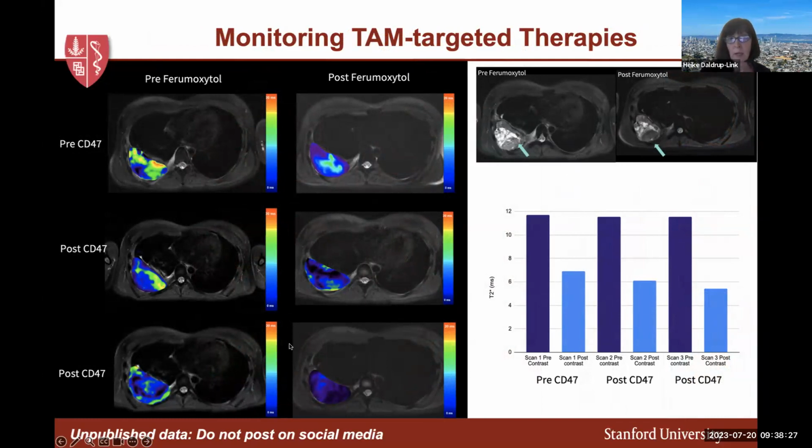And here you see T2 star maps, which should show this effect better. This is before ferumoxytol, this is after CD47 therapy, and this is after a first cycle of CD47 therapy and another cycle of CD47 therapy. And you see a clear shortening of T2 star signal in the tumor tissue, indicating uptake of nanoparticles and apparently indicating response to this immunotherapy.